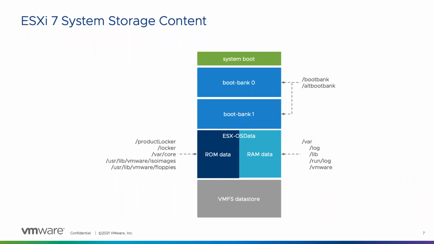Now, with the ESX OS data partition, which has become more of an active partition, with a slight increase in the IO requests sent to this partition, your SD card and USB drive usage increased significantly compared to what you had in 6.x. And with more IO requests being sent to SD cards, your SD cards are wearing out too quickly, resulting in some of the errors that you see in ESXi 7.